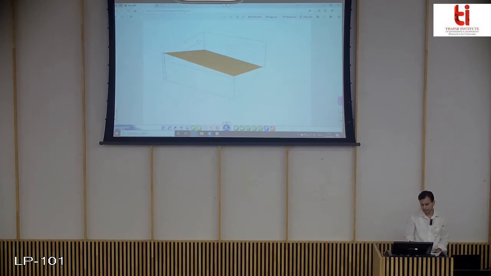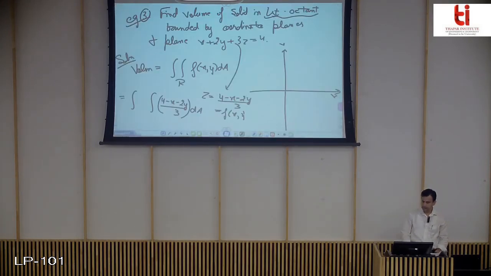So this is the shape of the plane or surface that is bounding the region for which we are finding the volume. It is bounded above by this plane, and below, nothing is given.